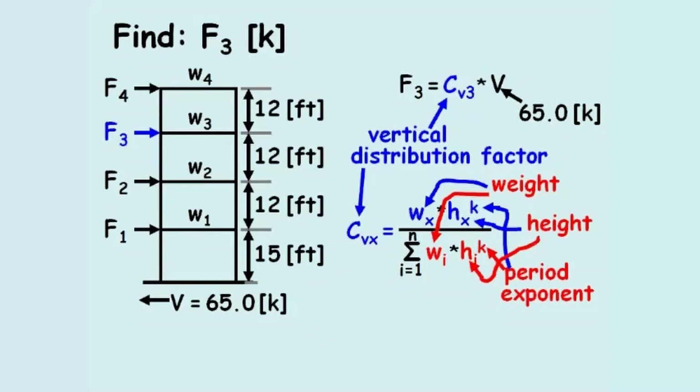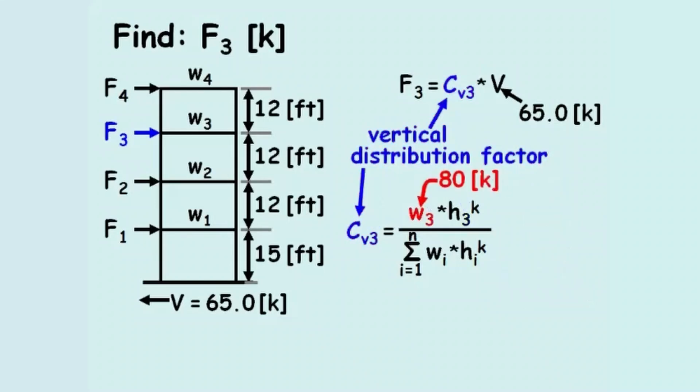As before, we'll substitute in 3 for subscript x to solve for the vertical distribution factor CV3. From the problem statement, the weight, W3, equals 80 kips, and the height, H3, equals 12 feet.